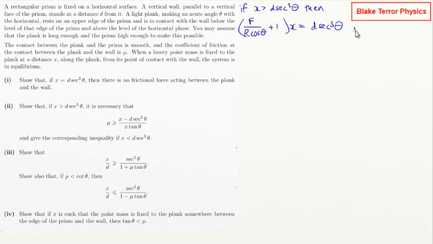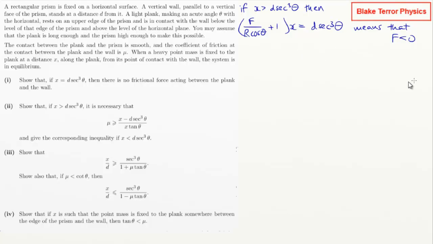So it means that f is less than 0, because otherwise we're going to end up having something greater than 1 multiplied by x, which is going to make it even bigger, even larger than d sec cubed theta. So we need to have a negative f on this.